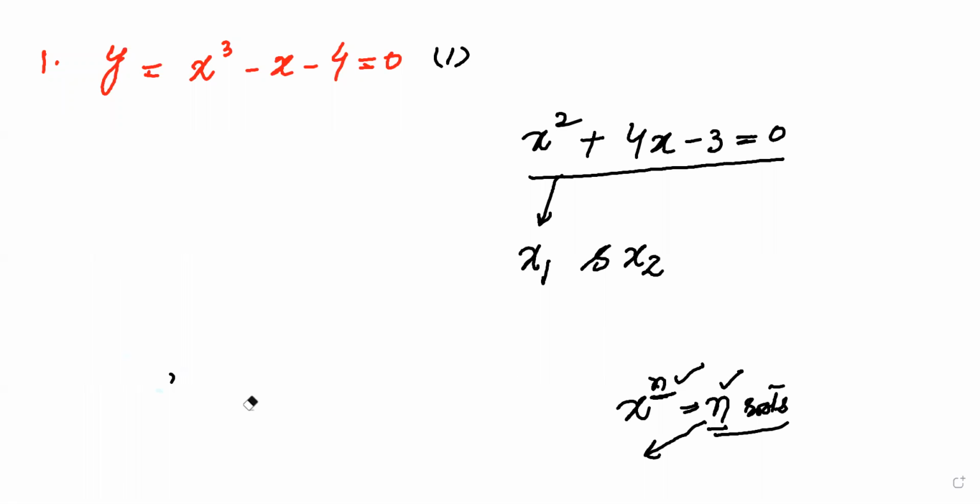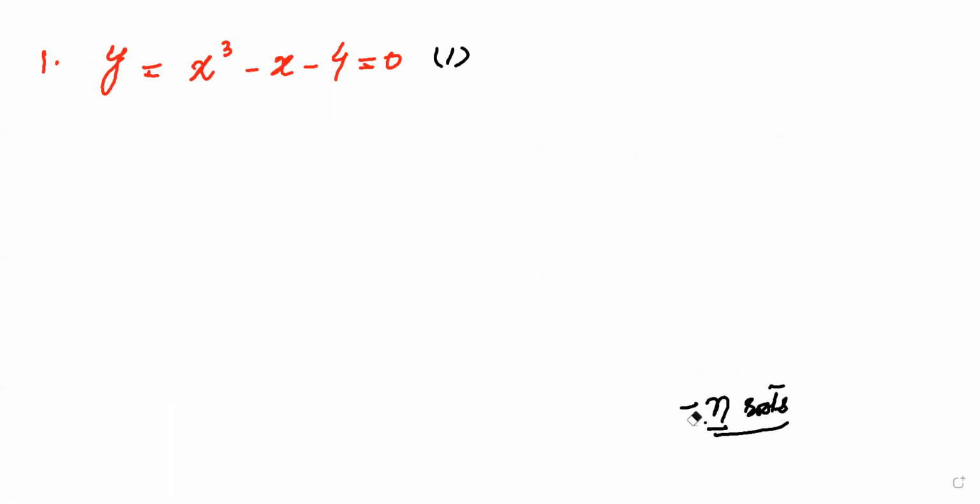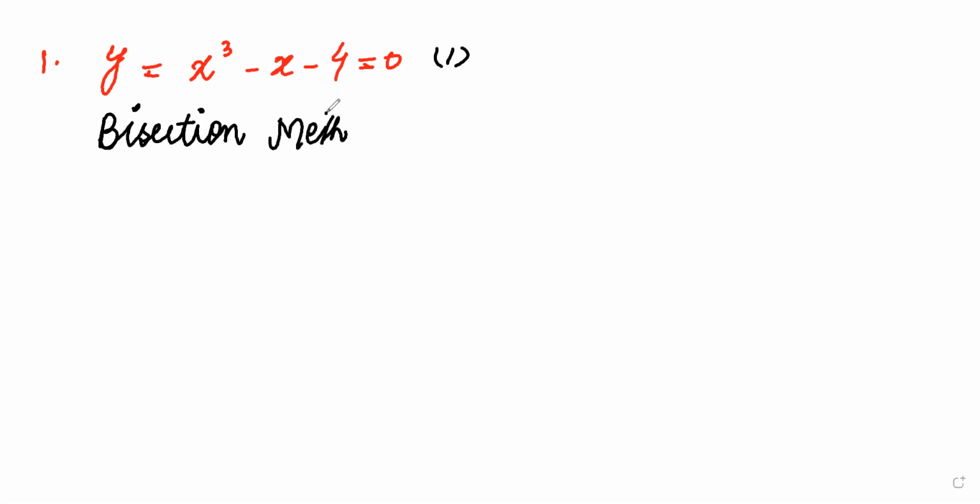There are many methods of solving this problem. The first method that we will be discussing is called the bisection method, also called the Bolzano method.